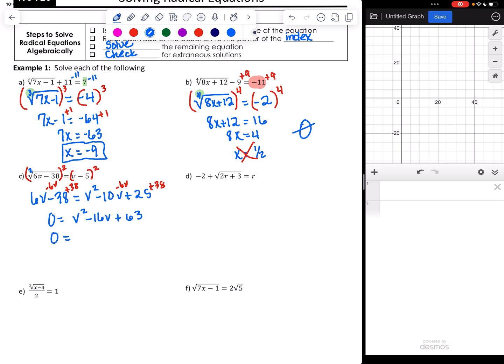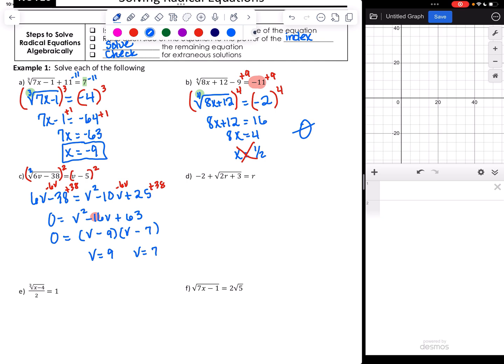Now I'll factor this expression, and when I do, I'm going to use v times v for v squared. For 63, I'll use 9 times 7, and I'll make them both negative because we're trying to add up to negative 16. So what this tells me is I'm going to have two solutions here, v equals 9 and v equals 7.